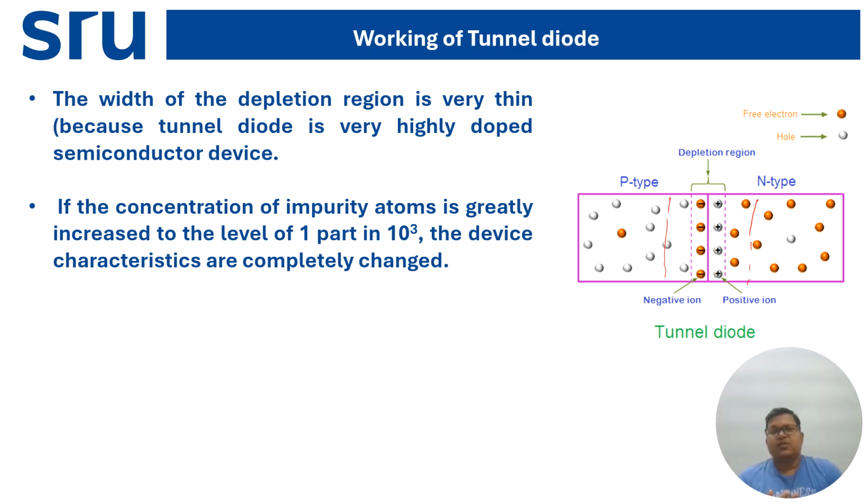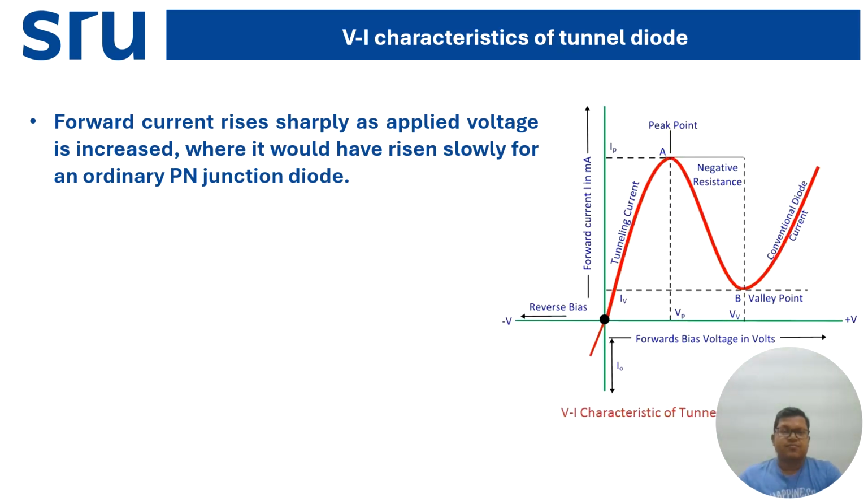Here impurity means the dopant atoms or dopant molecules, which work as the donor of electrons or holes for both the n type and p type sides. So this is clear, right? We'll go to the next slide. Now we will see the VI characteristics of the tunnel diode, which means the voltage versus current characteristics of the tunnel diode.